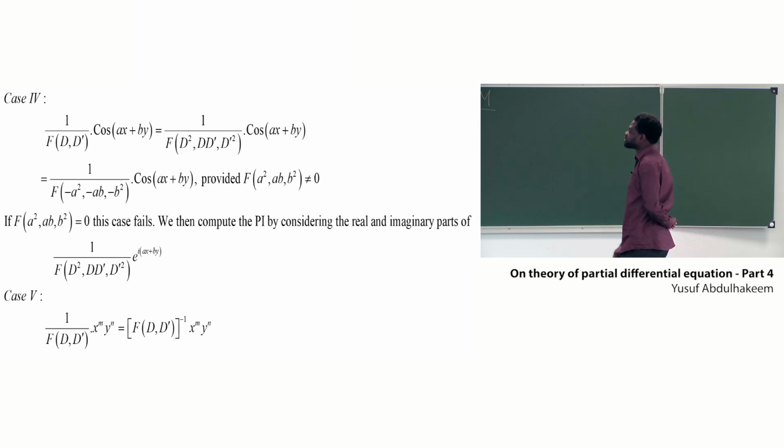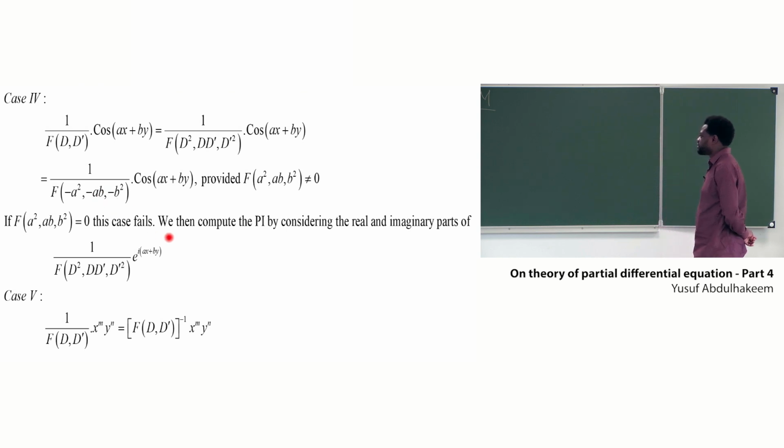Then case 4. Now if we have a trig function, cos of ax plus by, then we resolve it into what we have in here. We can see that it is just like a quadratic function. So this is what we have here. If this is equal to 0, this case will fail because this will be undefined. So we compute the particular integral by considering the real and the imaginary parts.